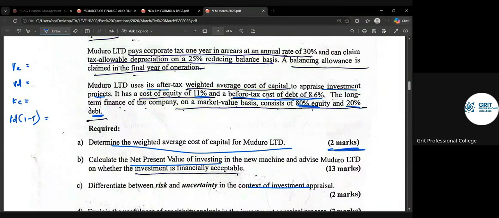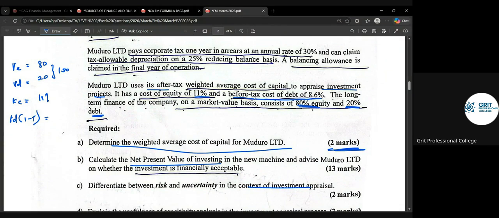So it means that of the company's total money, 80% is equity. If they have 100 million, 80 million will be equity, and 20 million will be debt. That's all that they mean. The cost of equity is 11%, which has been given to you. So this plus this will give you 100.